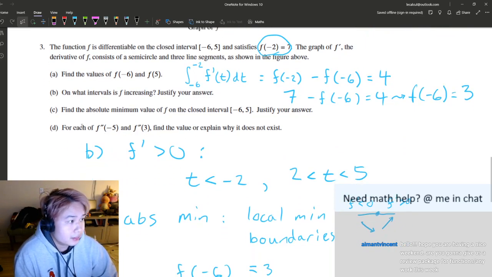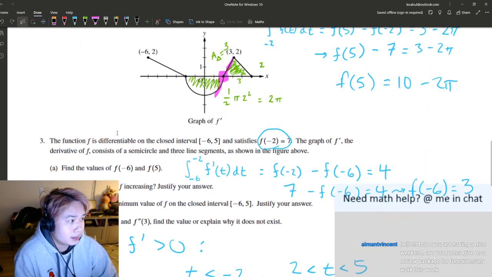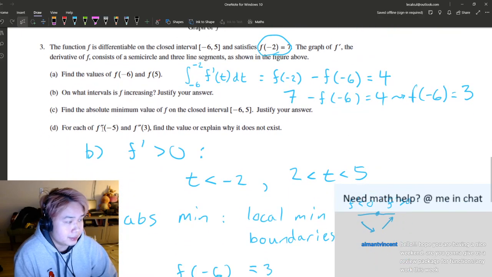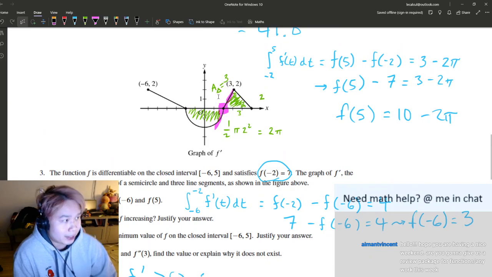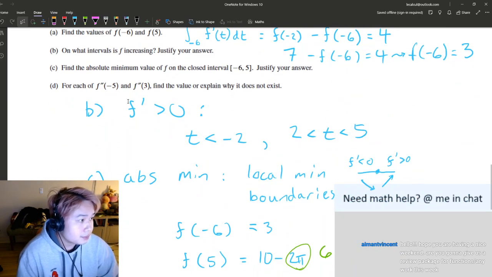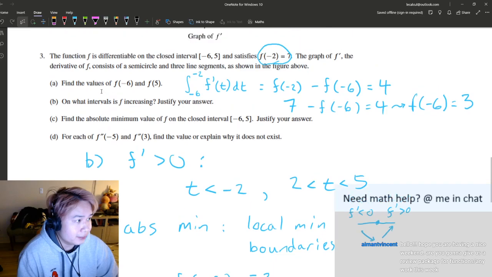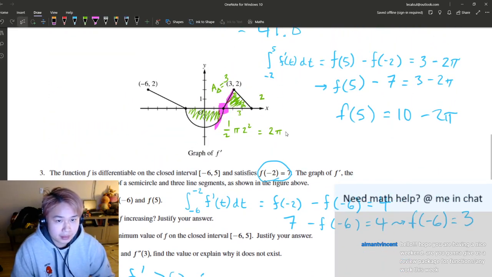And then for each of the second derivatives, find the value or explain why it doesn't exist. So this is going to be the tangent slope of the derivative graph. So at f of 5, negative 5, that's right here.